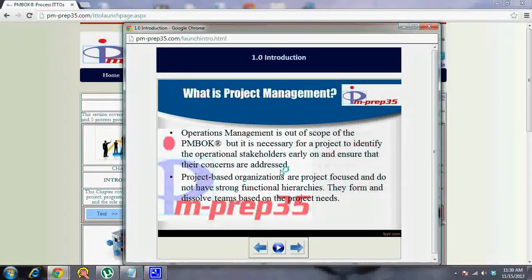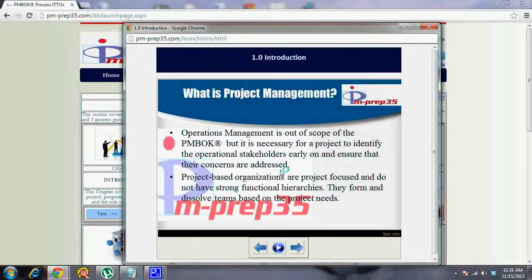Operations management is out of scope of the PMBOK, but it is necessary for a project to identify the operational stakeholders early on and ensure that their concerns are addressed. So when you come up with a new project, or you're converting a manual process which is done in the form of operations on a day-to-day basis, you're making that automated.